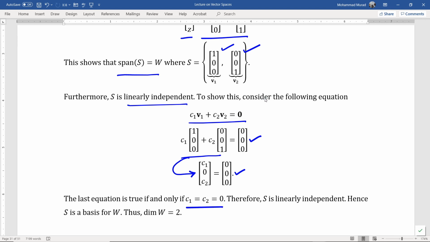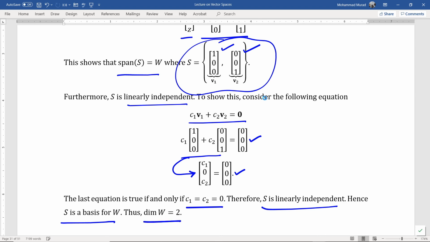Therefore, the set S is linearly independent. Hence, S is a basis for the subspace W. Since this basis has two vectors in it, the dimension of W is 2.